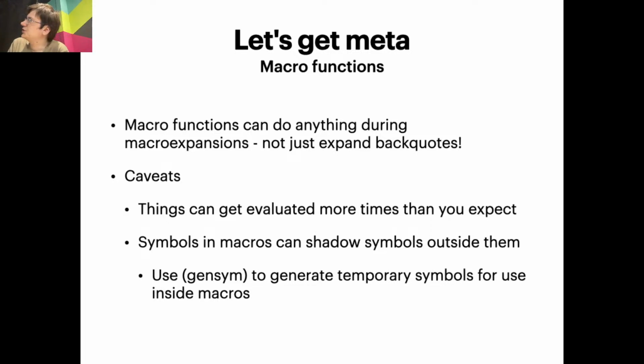And then symbols that get generated within these templates can shadow symbols outside of the macro function. So there are these name collisions which are prevented in other languages like Scheme with hygienic macros, but in Common Lisp the macro system is much simpler.